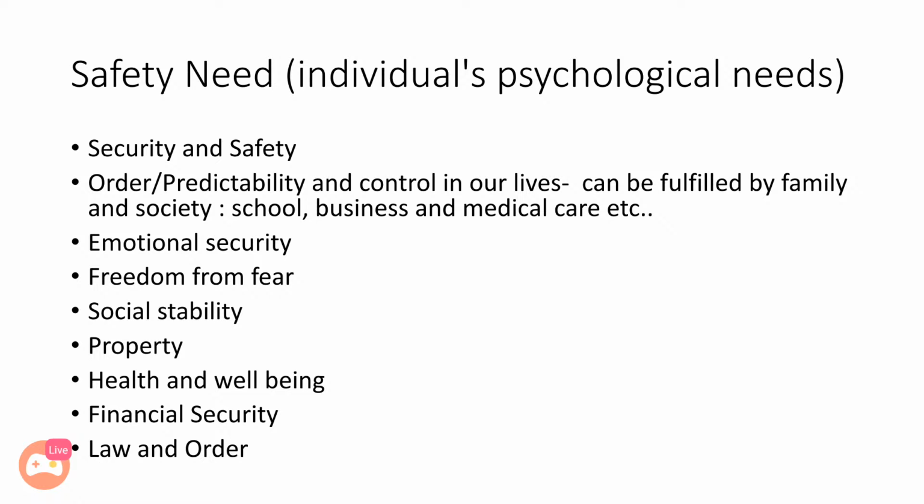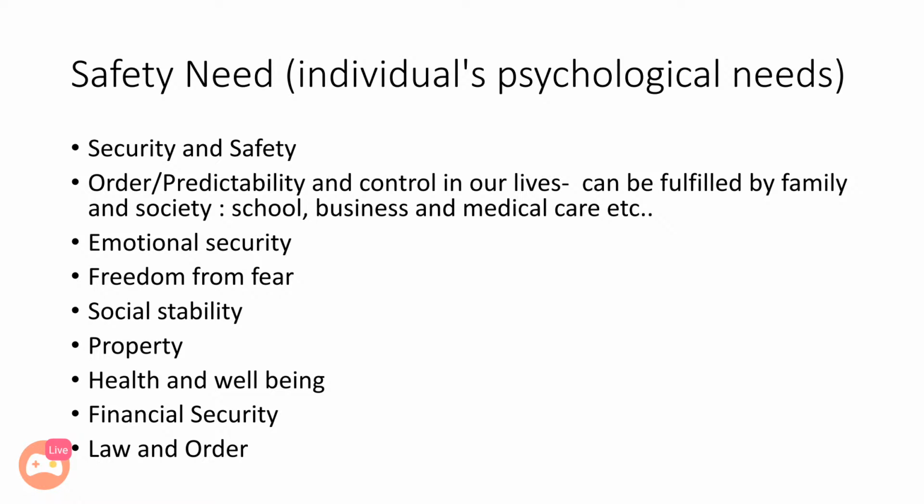And freedom from fear, that is also important. We are living in a society without fear, that is also a need. Emotional security, we have someone to love, we have a family, and we have many other people, in fact some places, that we love to be in.